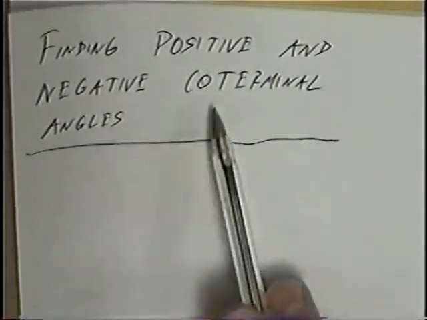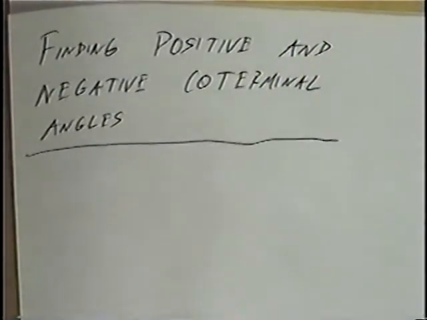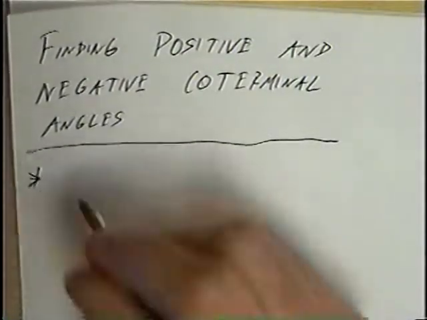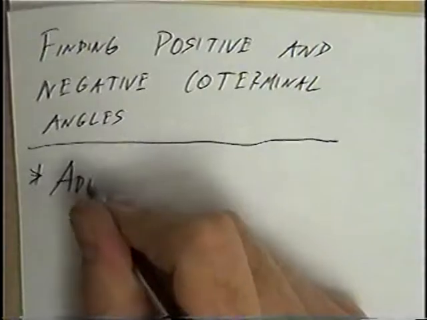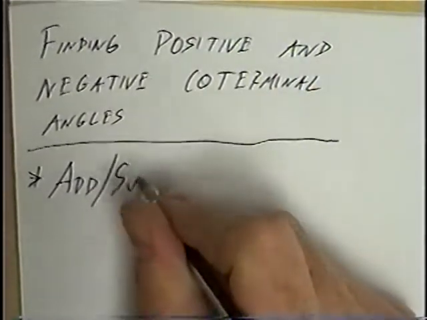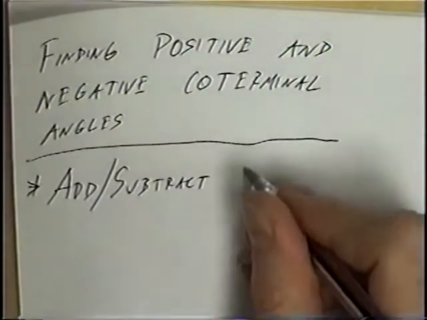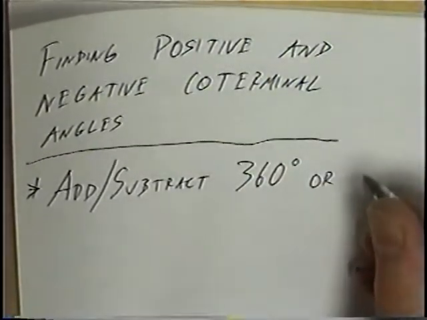A coterminal angle means the same angle, but written as a different fraction or different number. The definition or way to find coterminal angles is add or subtract 360 degrees or 2 pi.